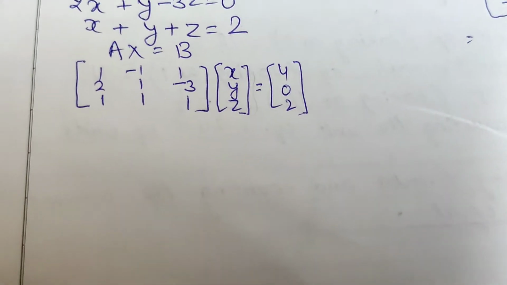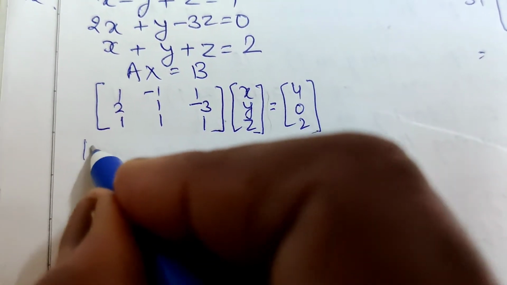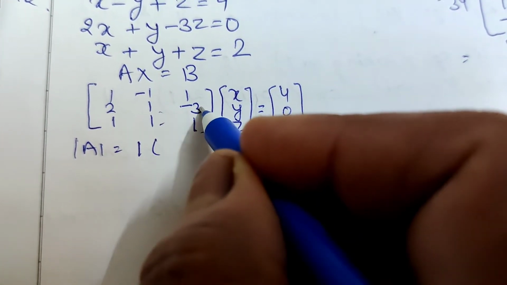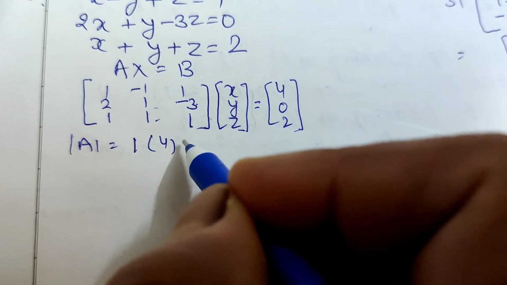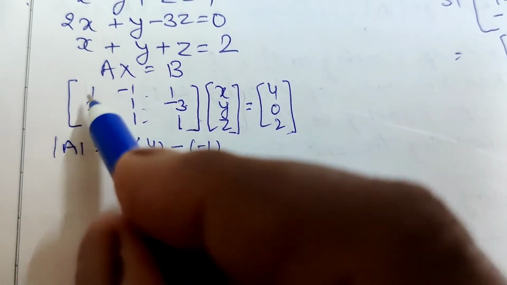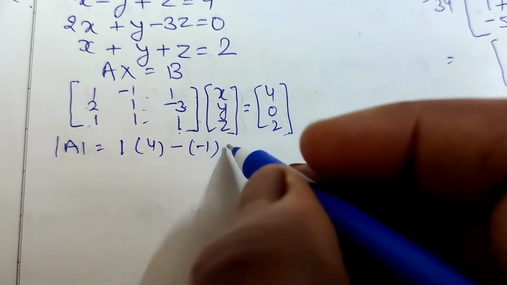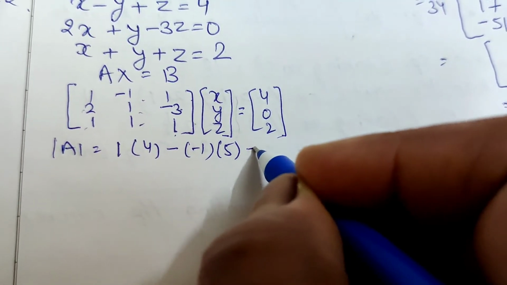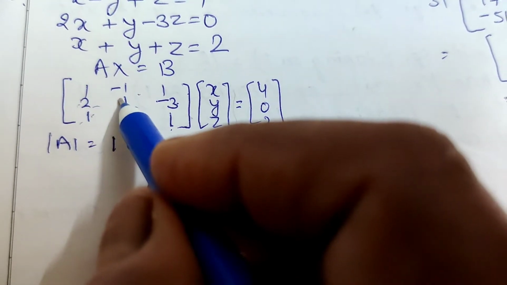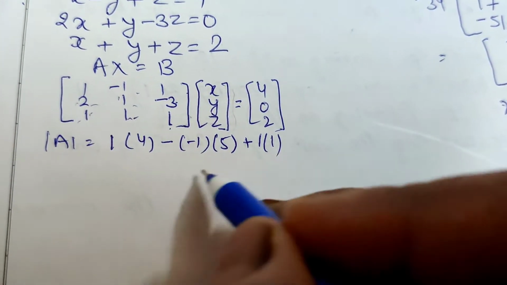First we have to find the determinant value of A. It is equal to 1 into (1 plus 3), minus (-1) into (2 plus 3), plus 1 into (2 minus 1).